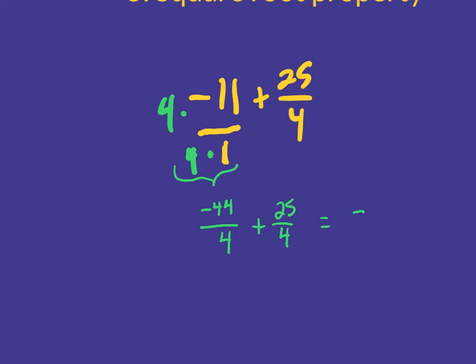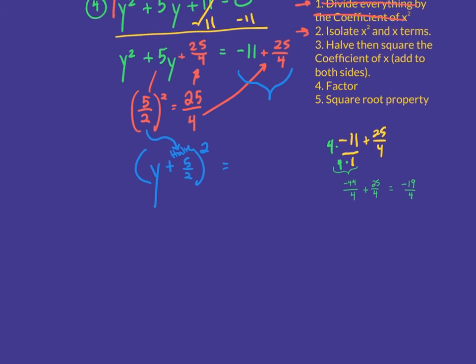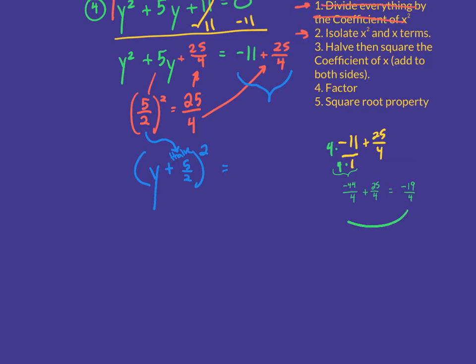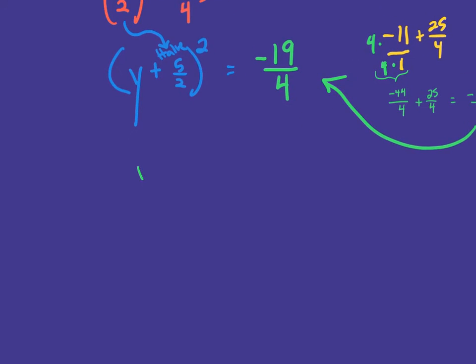And when you add those, you get negative 19 over 4. And then, so I'm just going to rewrite this a little bit cleaner. Y plus 5 over 2 squared equals negative 19 over 4.